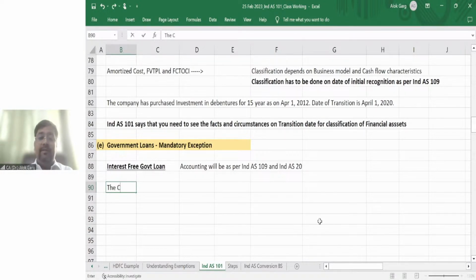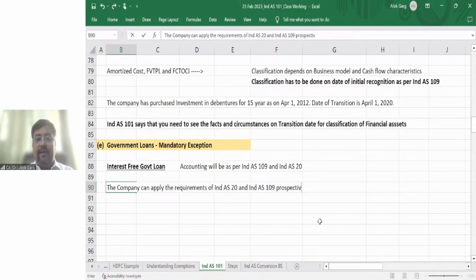The company can apply the requirement of Ind AS 20 and 109 prospectively from the transition date.